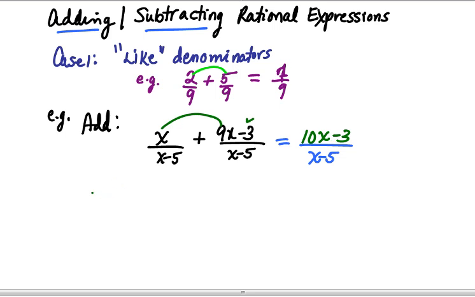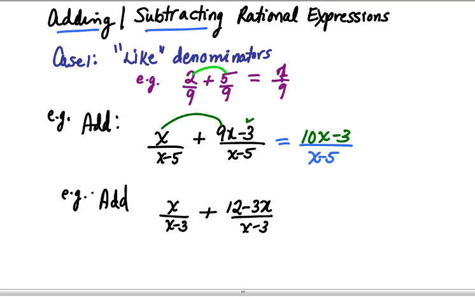But sometimes there's a problem with these. There's an exercise where we think they may not be like denominators, and they are. For example, we'll look at the problem x over x minus 3 plus 12 minus 3x over 3 minus x.